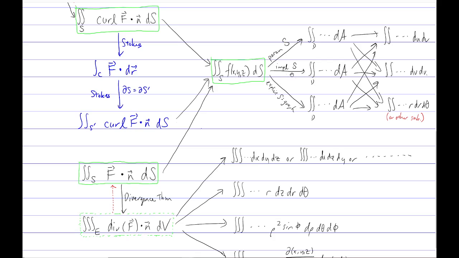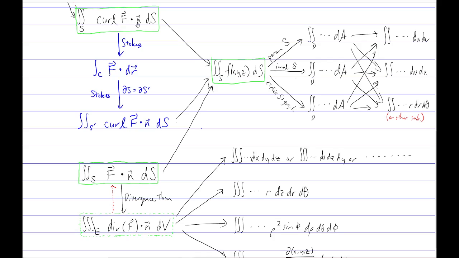That's just another way that surfaces can be described, but let's not go there for now. You could also have S described as a graph of a function, and so you have this double integral over a certain parameter domain, and then this turns into, in the end, an integral du dv, or dv du, or an integral that ends r dr d theta, or perhaps some kind of substitution is nicer instead.